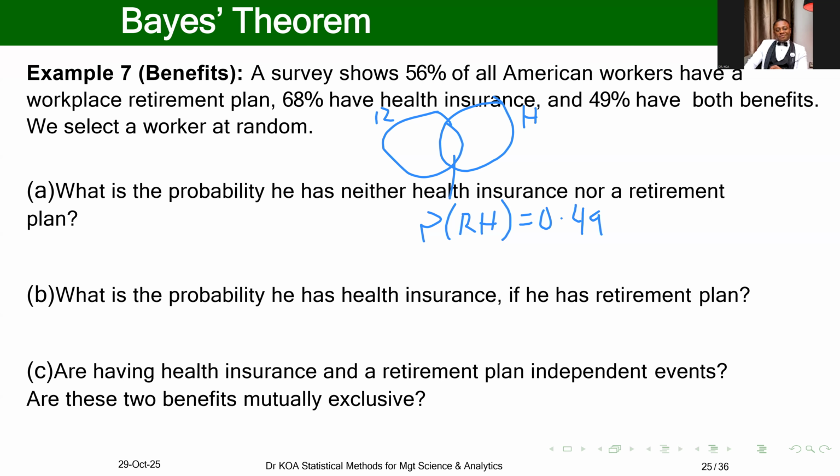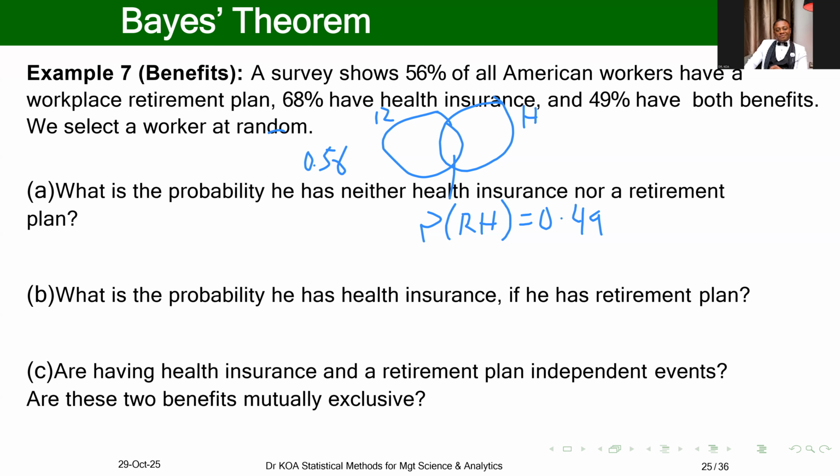Okay, what else will you do? What will be your probability of R? This probability of R is going to be 0.56, right? Now, is this probability of R for all of the circle?